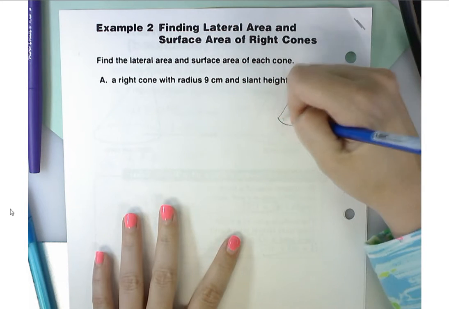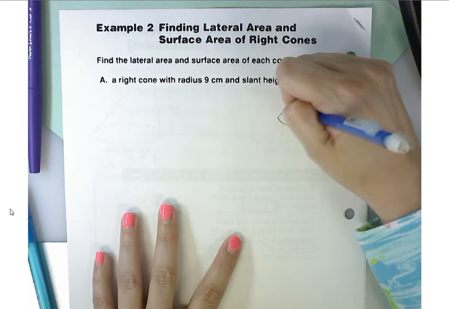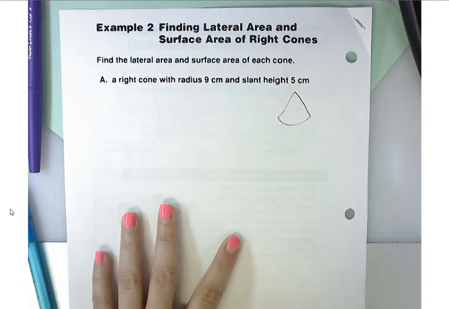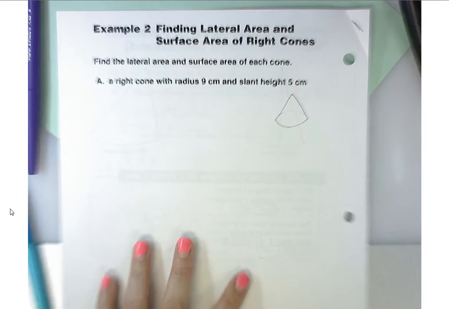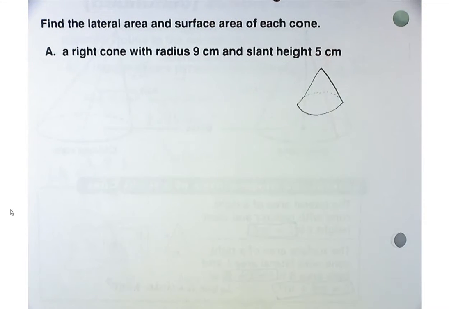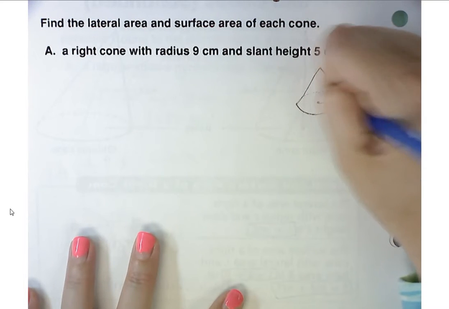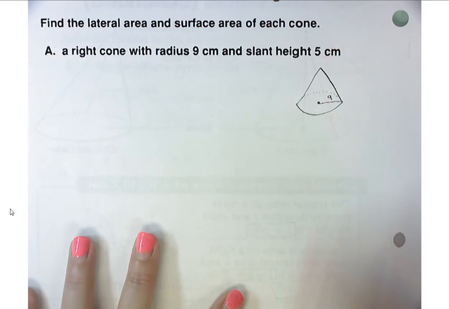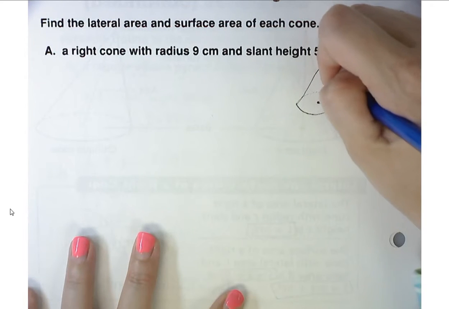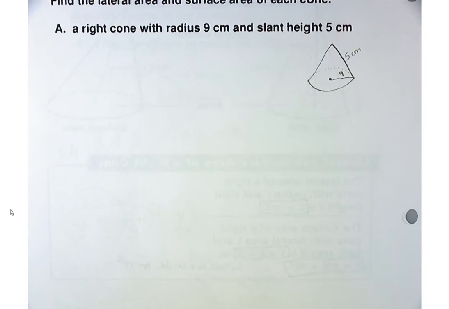And then to curve it around here, you're just finishing that circle. You just do a light dashed line behind it. And they tell you what the radius is, so that goes from the center to the edge. That would be 9. And then your slant height, which is on the outside, would be your 5 centimeters.